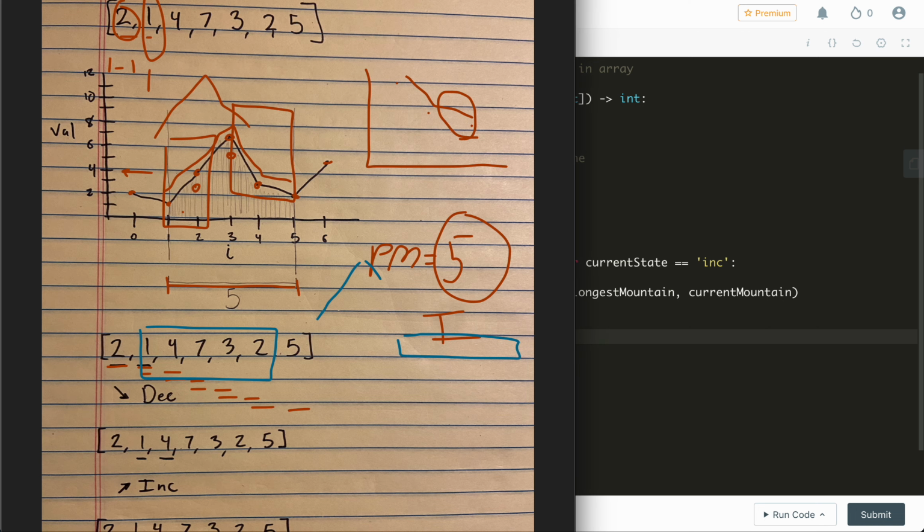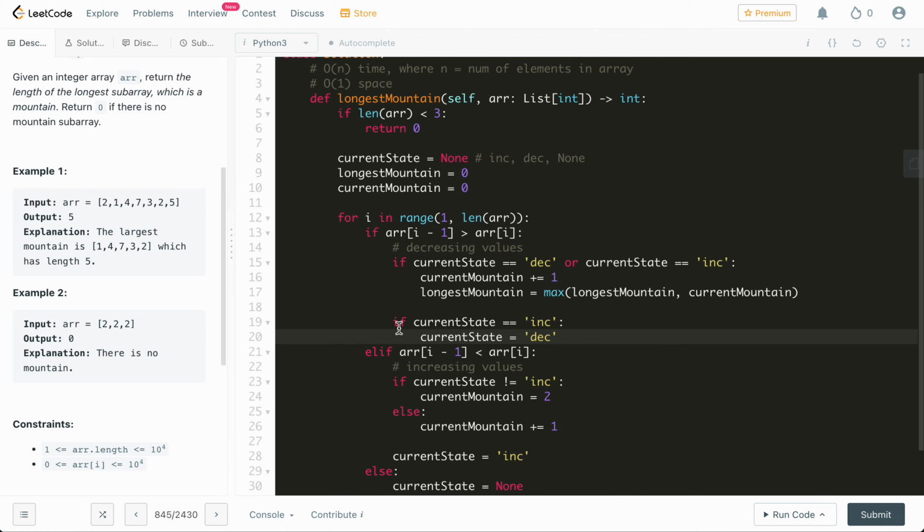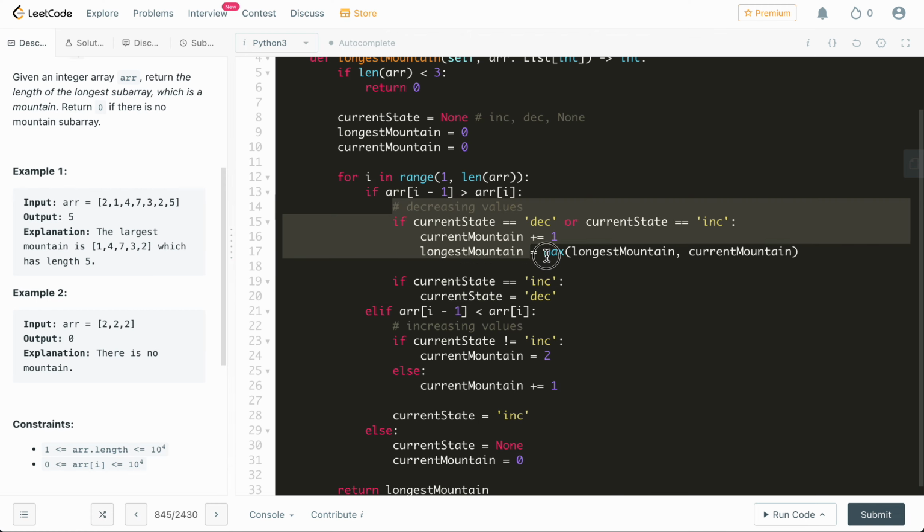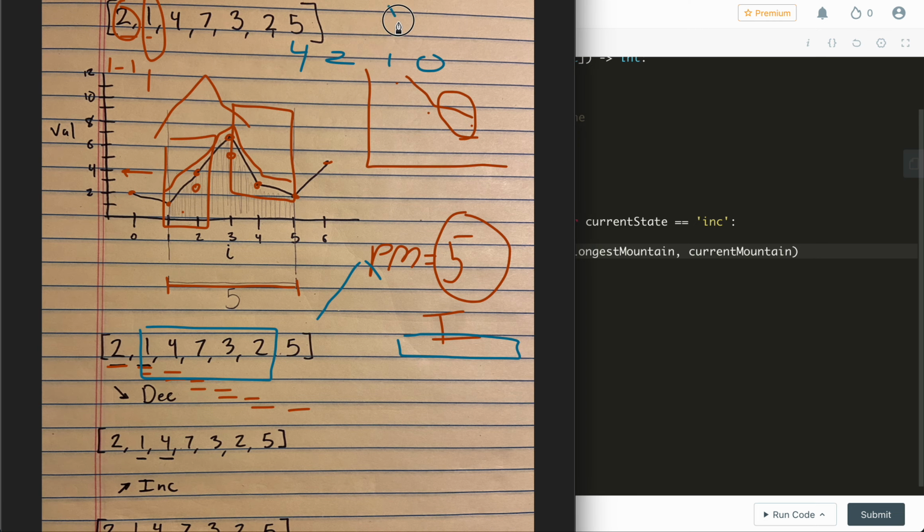And the reason why is because what if we had a function that was 4 2 1 0? Well, these would be decreasing and they would enter into this decreasing block, but these are not mountains. This would look like this, and this is not a mountain. There's no initial peak. A mountain needs an initial climb, if you will.